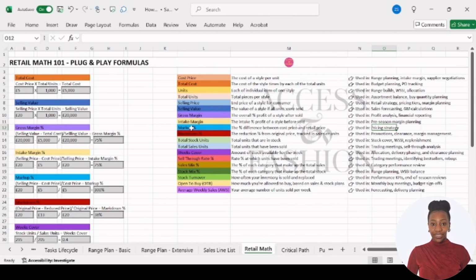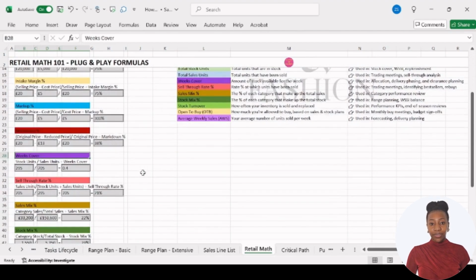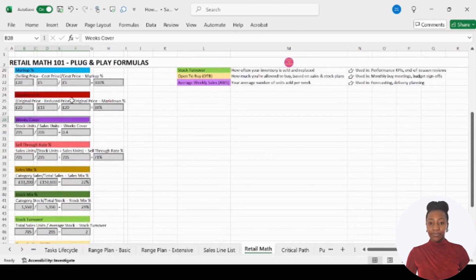Let's say that style is your anchor style for the range. It's meant to give you your best profit, or you're going to do the best via that top. Then you'd obviously want the markup to be very high. And if it's not, if you don't feel like it's going to do very well, you wouldn't invest too much in it. So we'll keep going down.